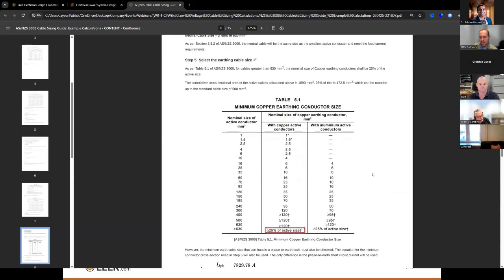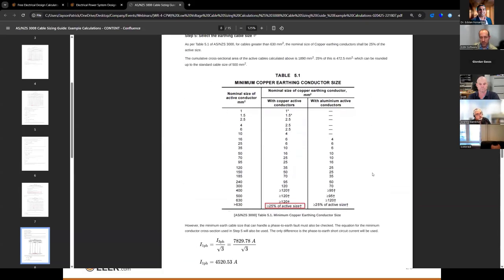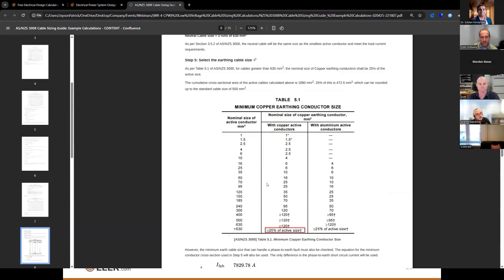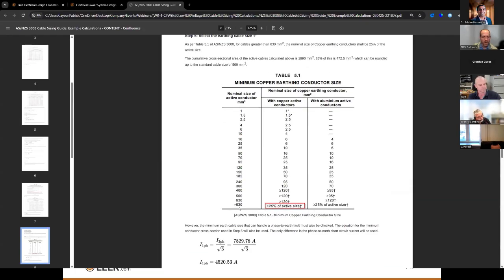Selecting earth cable size in this example, we shouldn't be using this simple lookup table method, but you can use it. In this case, we're using 630 square mil, 3 times that, which is greater than 630.